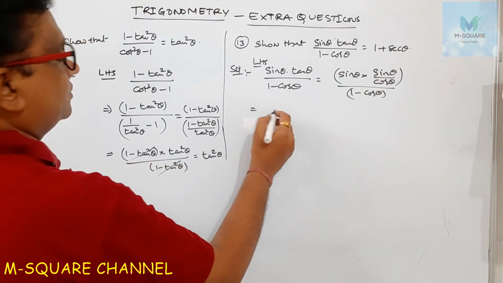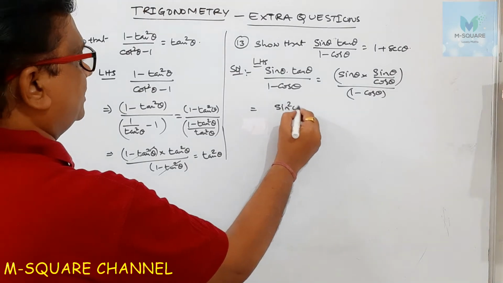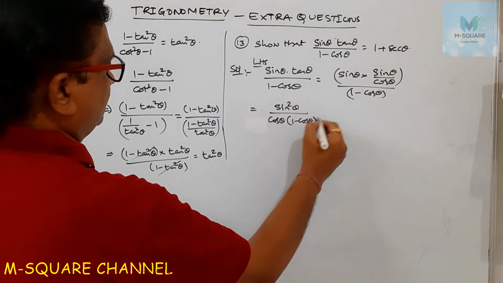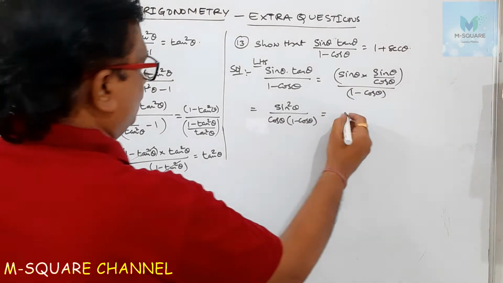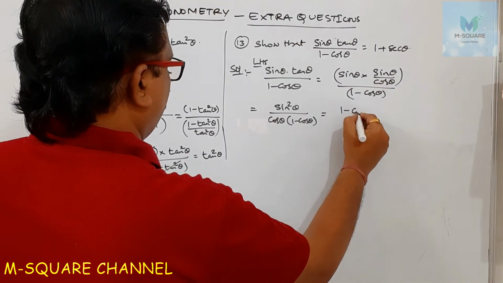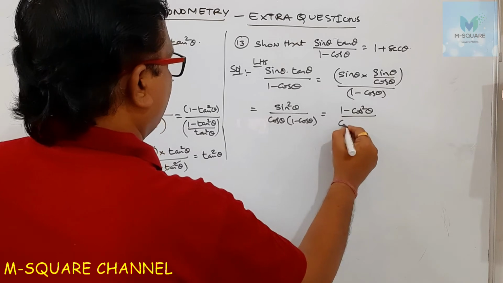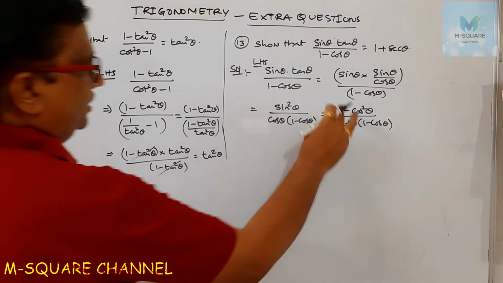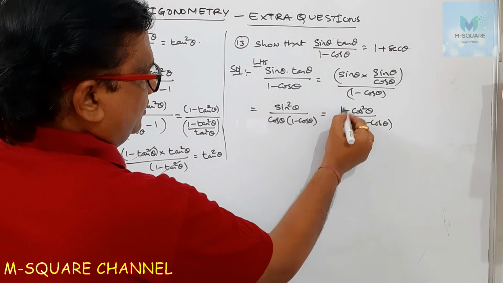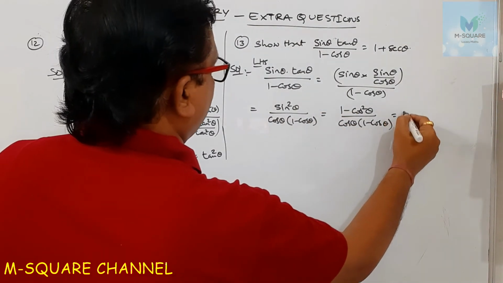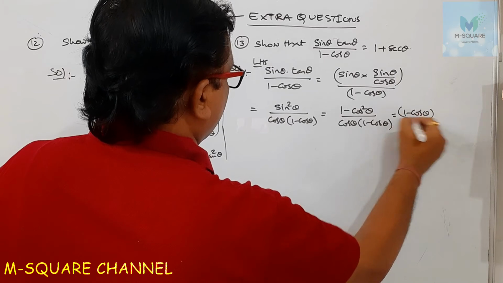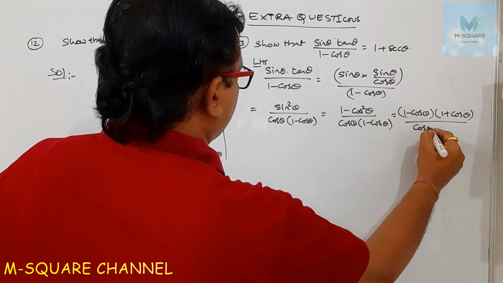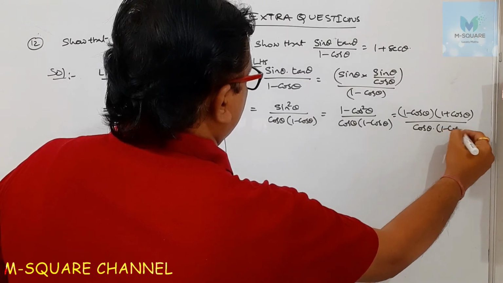So this cos can come down, so sine square theta by cos theta into 1 minus cos theta. Sine square means 1 minus cos square theta by cos theta into 1 minus cos theta. Here a square minus b square, this 1 means 1 square. That's why we can write 1 minus cos theta into 1 plus cos theta by cos theta into 1 minus cos theta.